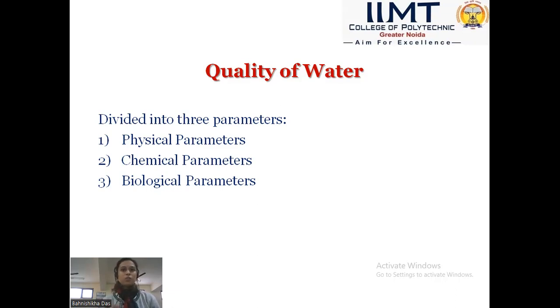If we can detect or sense any parameters, then those come under the category of physical parameters. Chemical parameters deal with the chemicals, any chemical compounds present in the water. And biological parameters deal with the presence of microorganisms in the water.